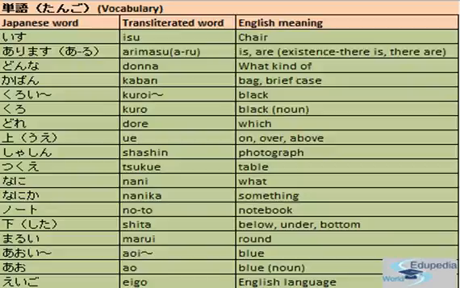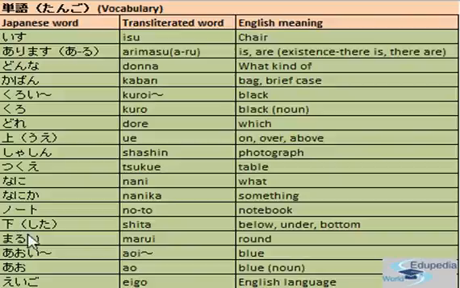It is not noto, it is noto, meaning notebook. The next word is shita. Shita is written in kanji here, meaning below, under or bottom. It is not pronounced as shita, it is pronounced as shita.